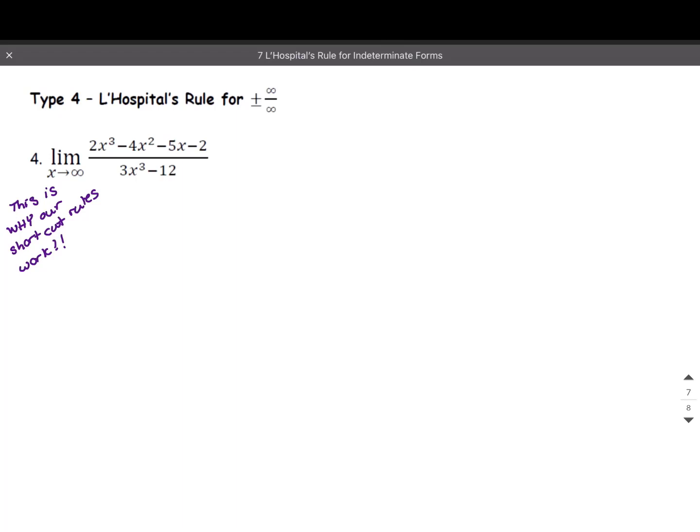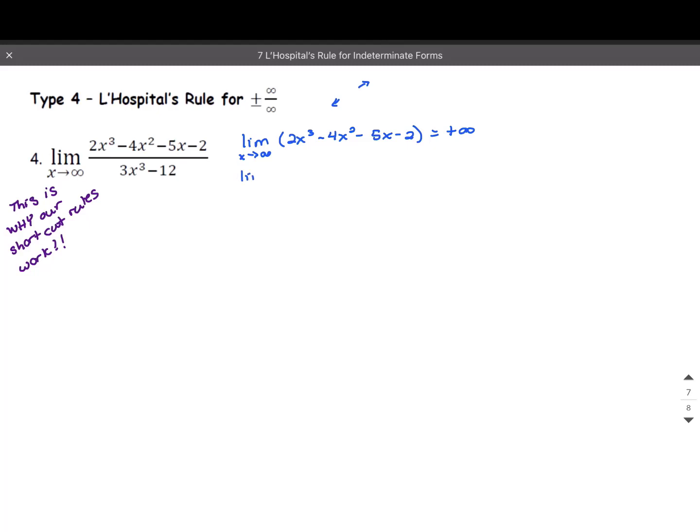So here we go. If we take the limit as x heads to infinity of 2x cubed minus 4x squared minus 5x minus 2, that's a polynomial. It's a cubic polynomial with a positive leading coefficient, so it looks like y equals x cubed. That's increasing without bound.